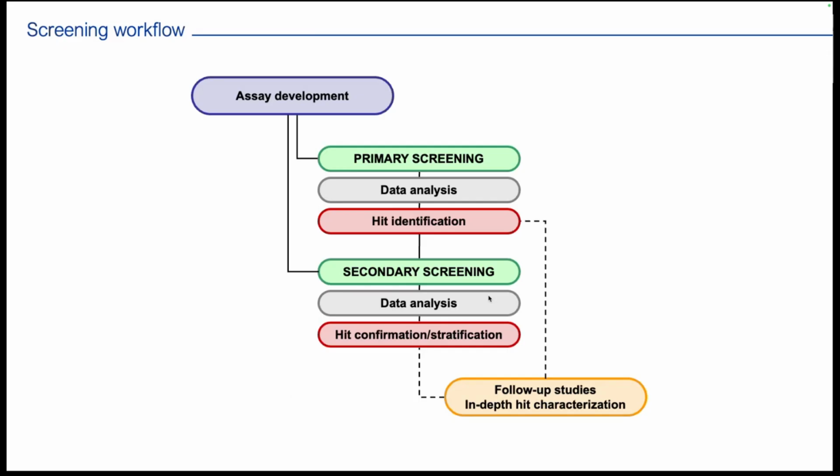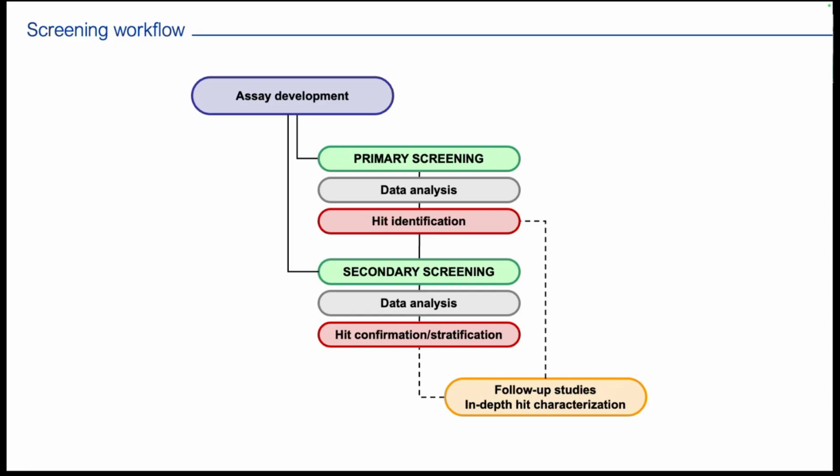So as a general workflow for screening, this is the initial part where we go from the assay, bring it to a status that can be screened. Then we do the primary screening, analyze the data, identify leads, and then either we go for follow-up or we do secondary rounds of screening, depending on the screening.